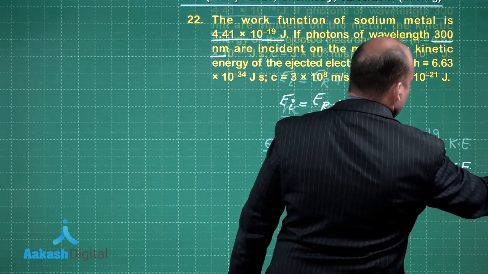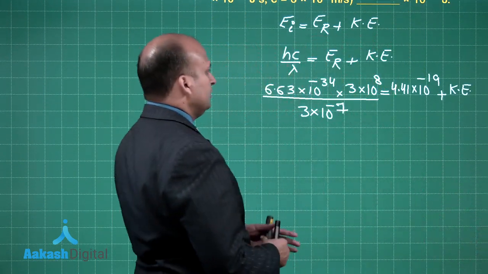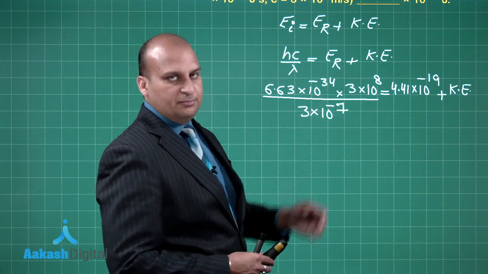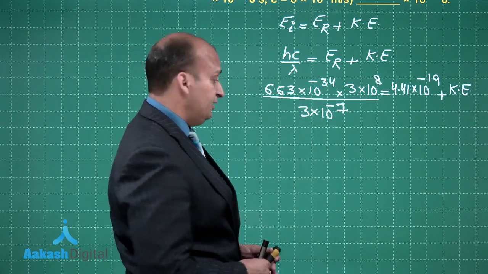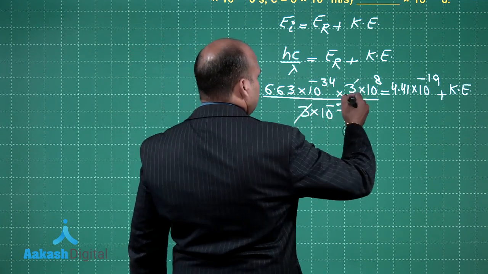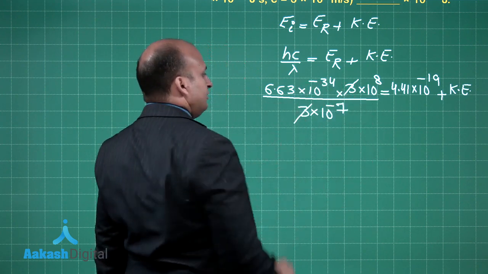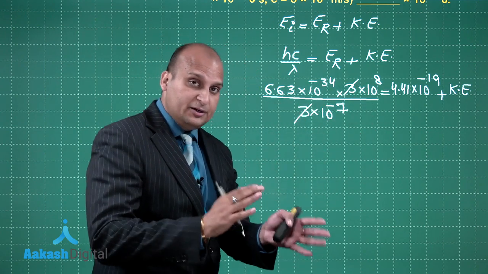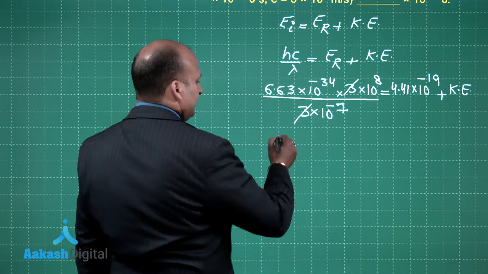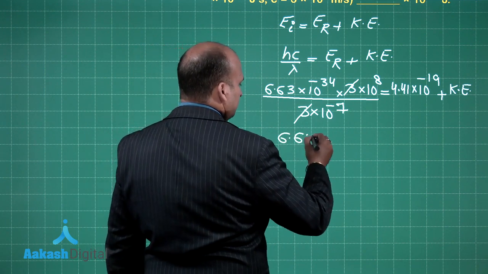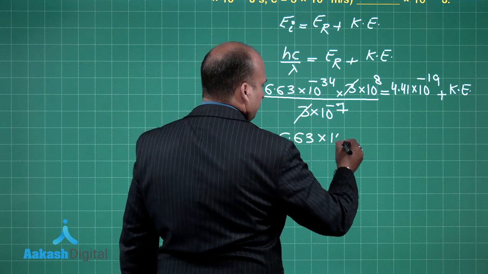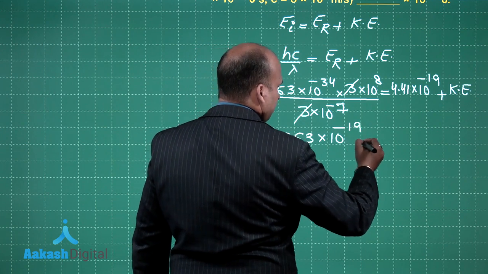Now, we have to do a bit of a calculation over here. See, this is minus 7, it goes up and becomes 10 raised to power 15, 3 goes by 3. So, 10 raised to power 15 multiplied by 10 raised to power minus 34, you will be getting 6.63 into 10 raised to power minus 19.